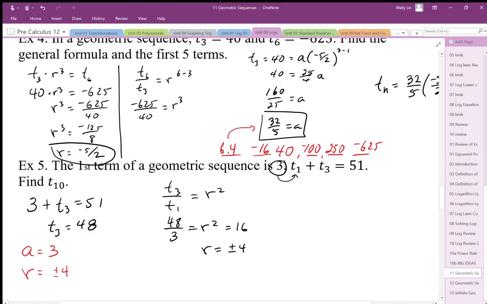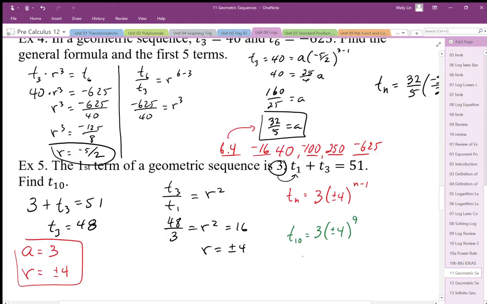Knowing those two values, I'm going to write my general equation: Tn equals A R to the power n minus 1. I actually have two solutions here, one for plus 4 and the other for minus 4. The question is asking for T10. So T10 is equal to 3 times R to the power 9, since there are 9 steps from 1 to 10.